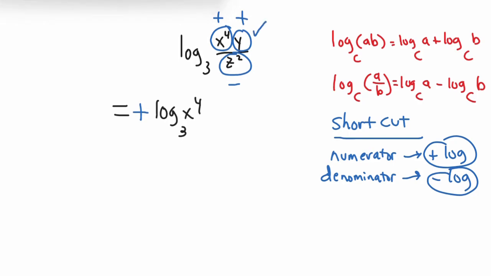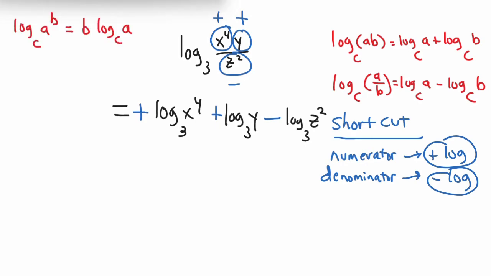The y variable is also positive, so we have plus log base 3 of y. The z variable is minus, so the log is going to be negative for that one. Minus log base 3 of z squared.